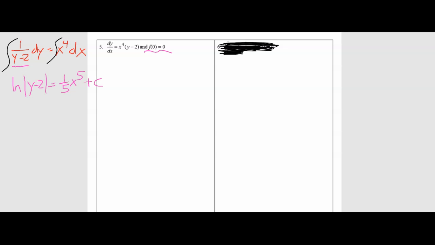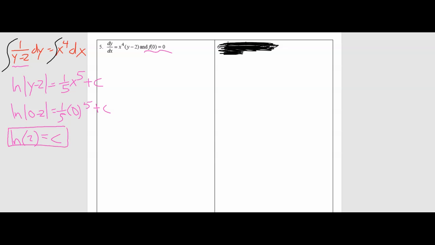So I should substitute in 0 for both x and y. I get the natural log of absolute value of 0 minus 2 is equal to 1/5 times 0 to the power of 5 plus c. This gives me the natural log of positive 2, right, because the absolute value of negative 2 would be positive, is equal to c.